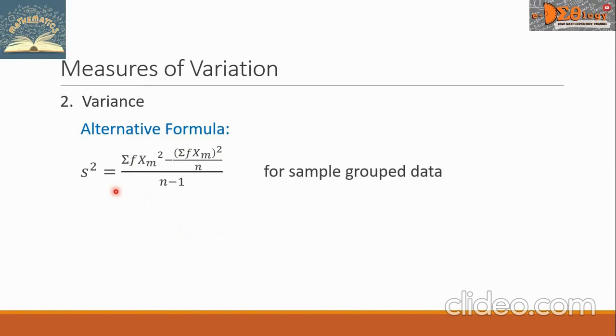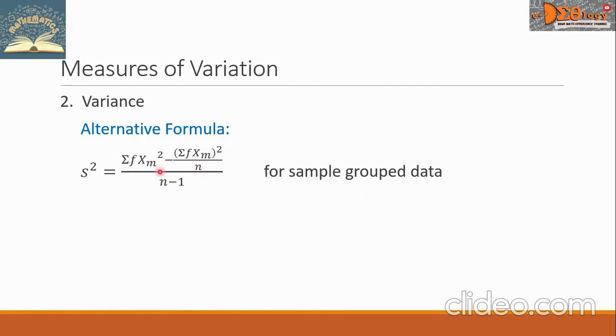This is now a formula for sample grouped data. S square equals the summation of f times the square of x sub m minus the fraction whose numerator is the square of the summation of f x sub m all over n.